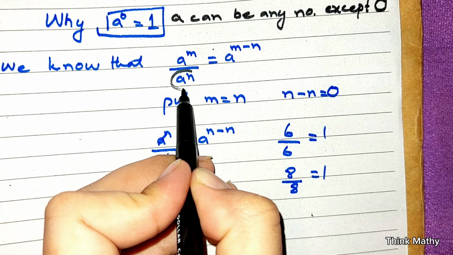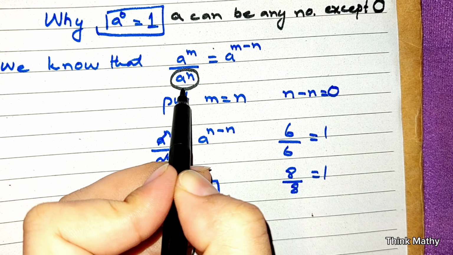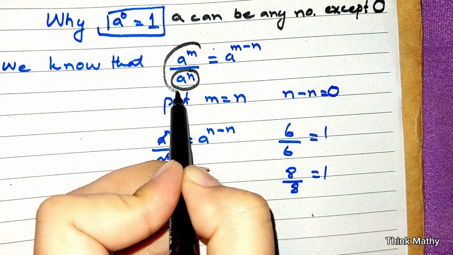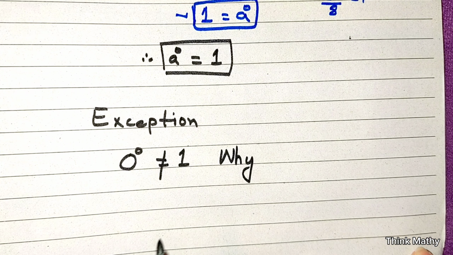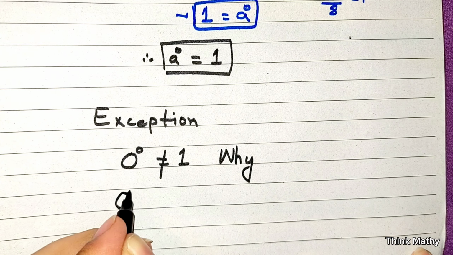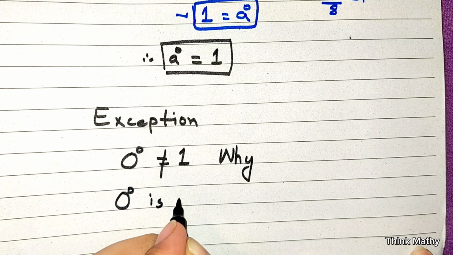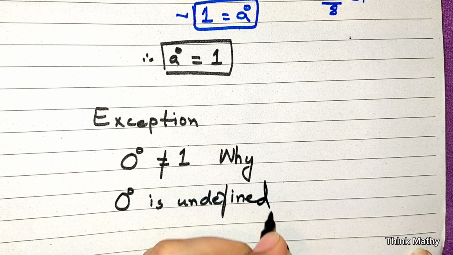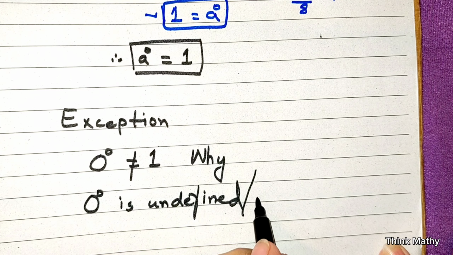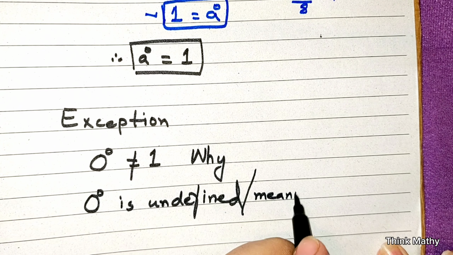This part will become 0, and for that this whole fraction will become undefined. So that means 0 to the power of 0 is always undefined, or we can say this is also meaningless.